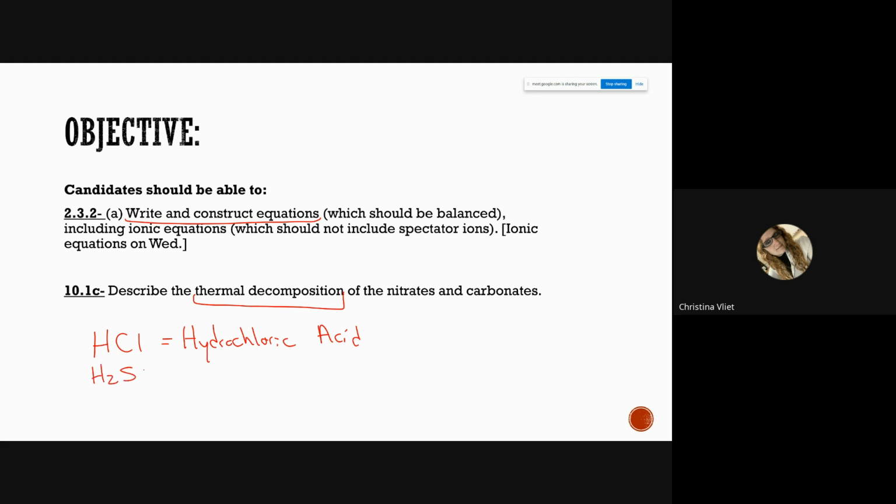Sulfuric. And you just need to memorize that. And then HNO3 is nitric. These three specific formulas for these acids, go ahead and add them to things you need to memorize. You'll see in the homework why, the way the questions are worded, they're going to list them by name, and you need to know their formulas. So make sure you have them on your list of things I need to know.